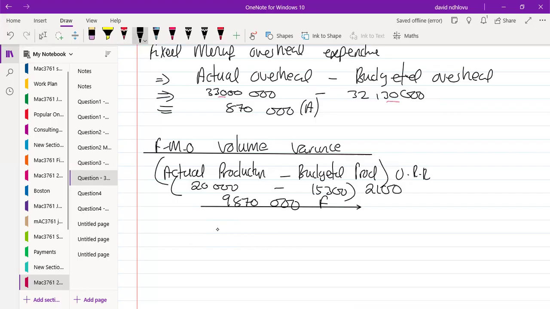We can still calculate that by saying what is the budgeted fixed manufacturing overhead less the applied or absorbed fixed manufacturing overhead. The budgeted overhead, we already have it there, is 32,130.